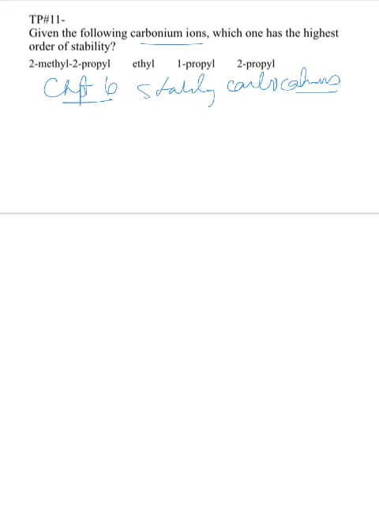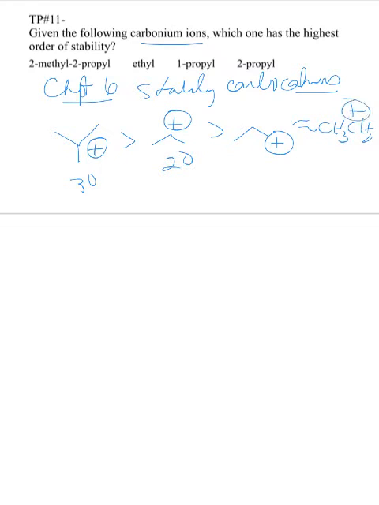Which one has the highest order stability? And what is your stability of carbocations? Tertiary is more stable than secondary, which is more stable than primary, which is about as stable as a methyl. Okay, that's a primary.